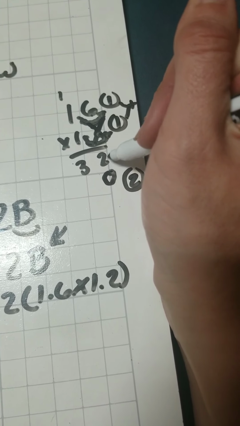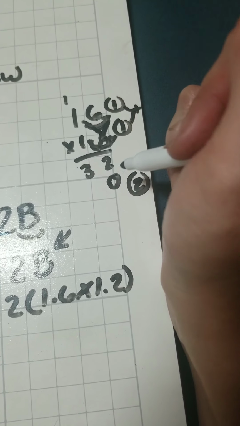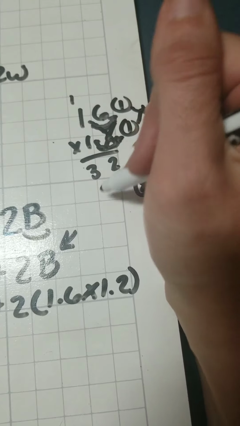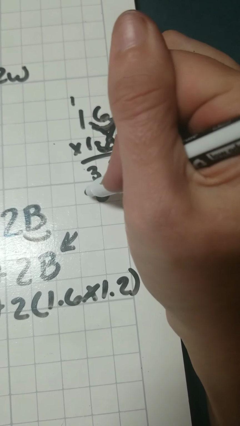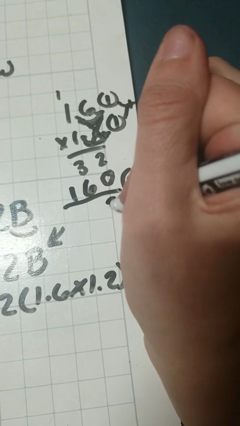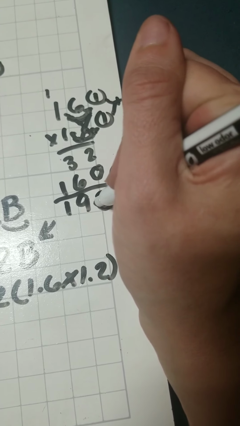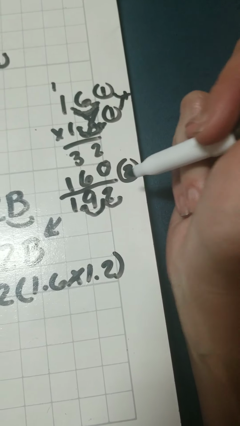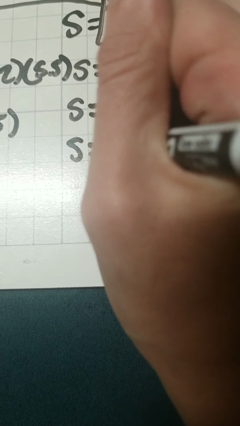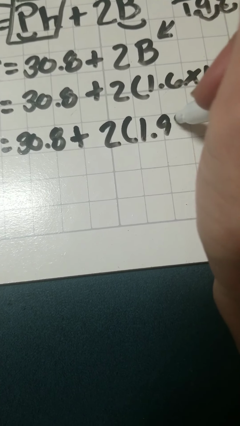You cannot move over to the 1 unless you drop a 0. 1 times 6 is 6, and 1 times 1 is 1. So that's 2, 9, 1, and 2 decimal places. I start here and I go 1, 2. So that is 1.92. So my total surface area is 30.8, which is the lateral, plus 2 times 1.92.